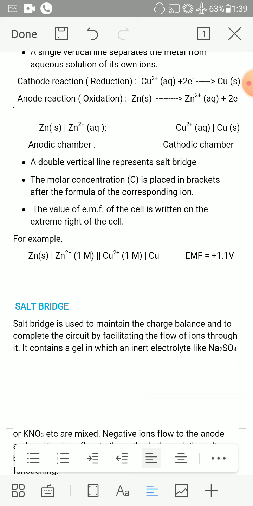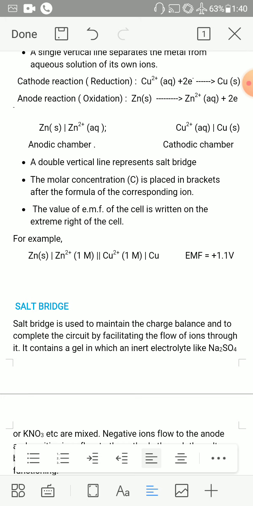But during writing the cathode and anode, you have to represent the anodic and cathodic chambers differently. You know that at the anode an oxidation reaction takes place. That's why you have to represent the anodic chamber in terms of oxidation and the cathodic chamber in terms of reduction.